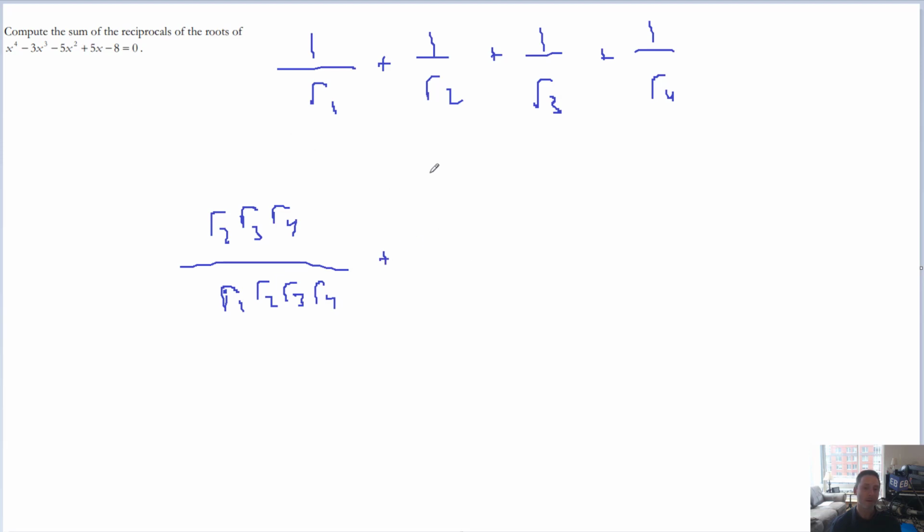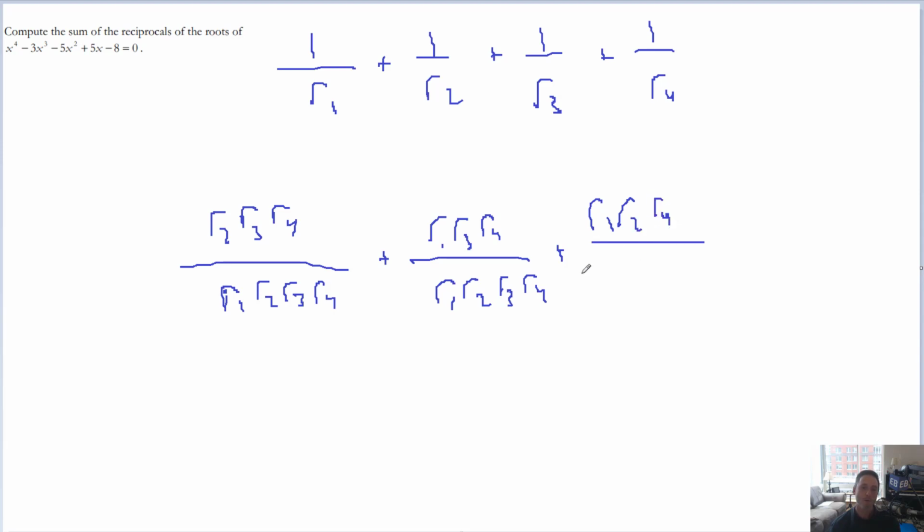We're just getting a common denominator here, plus the product of the roots except for root 2, r1 r3 r4 over r1 r2 r3 r4, plus r1 r2 r4 over the product of all the roots again. This is getting tedious to write out.